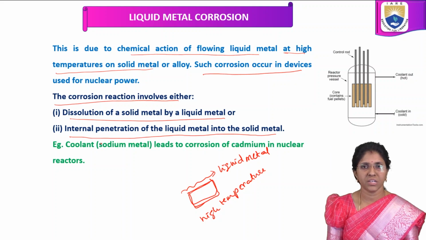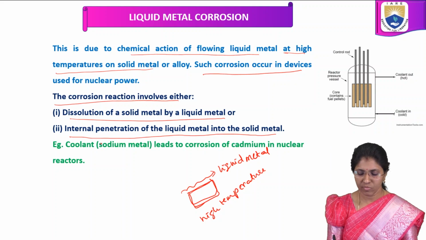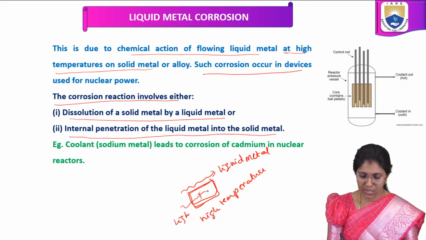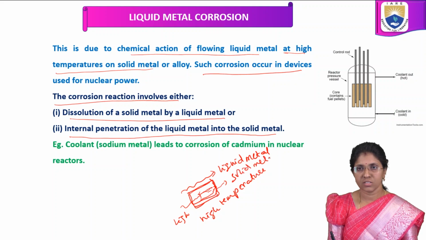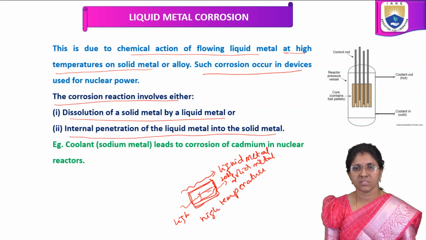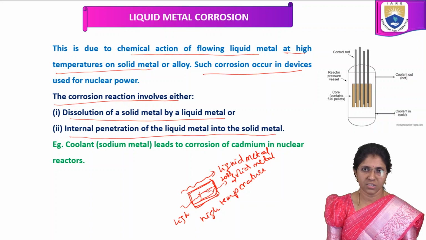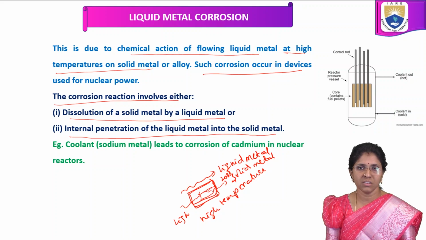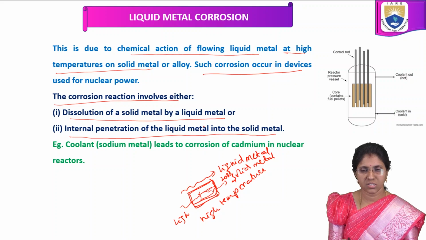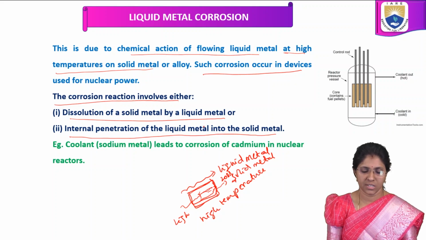The second is internal penetration of liquid metal into the solid metal, where some loss of solid metal also takes place. So liquid metal corrosion takes place in two ways.